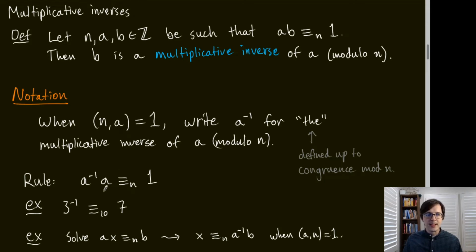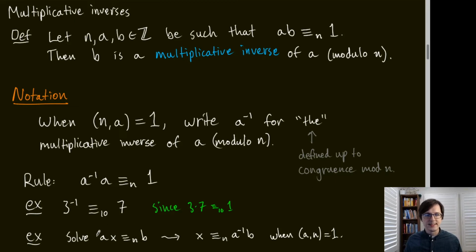The rule that we have with this notation is that a inverse times a is congruent to 1 modulo n by its definition. So for example, we can calculate that 3 inverse is 7 mod 10. That's because 3 times 7, as we saw, is congruent to 1. So that's the inverse.